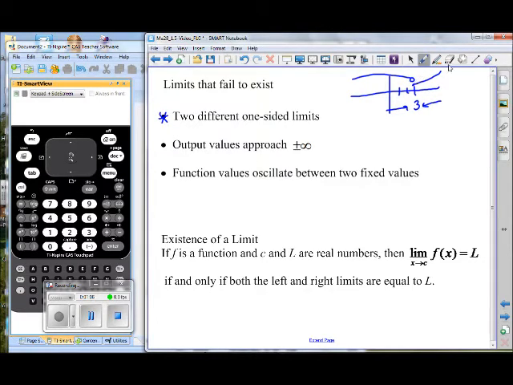As we approach 3 from the less than 3 side, our input values are getting closer and closer to 3, and our output values are approaching this value, we'll call A. As we approach from the greater than 3 side, our output values are approaching this value, B.